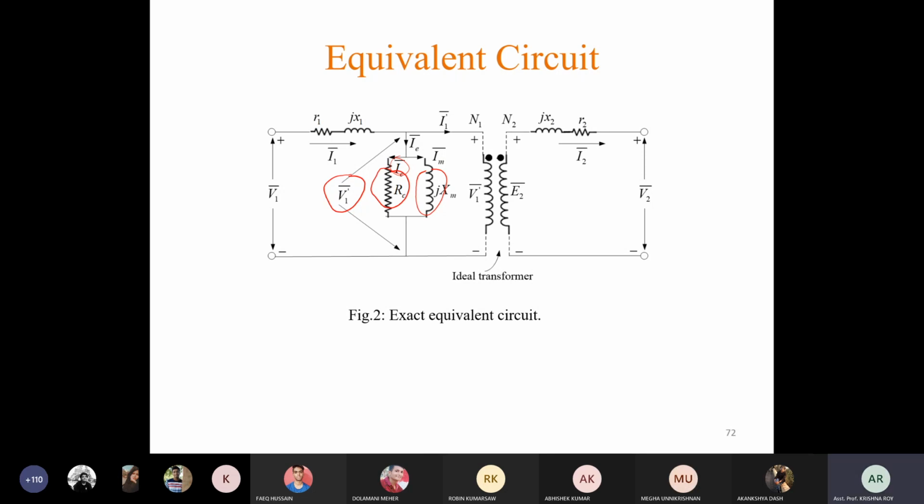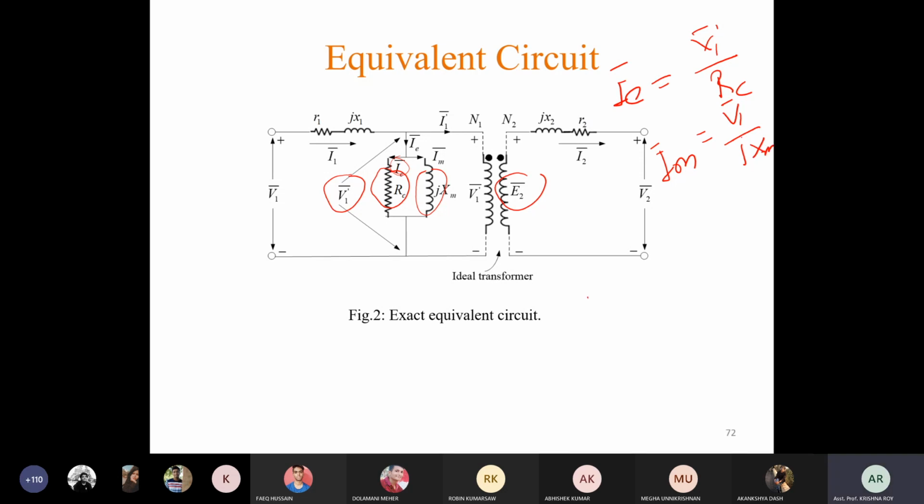The rest of the things remain the same. So here the equations will be V1 is equal to V1 dash plus I1 into R1 plus Jx1, and V2 is equal to V2 plus I2Z2, that is equal to E2. And for this branch, IC is equal to V1 dash by RC, and IM is equal to V1 dash by Jxm.